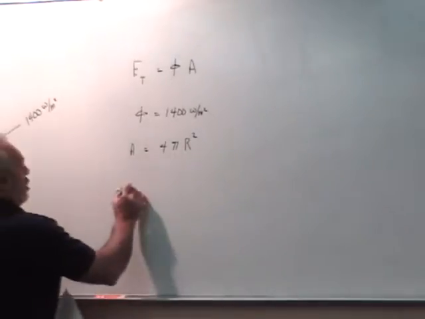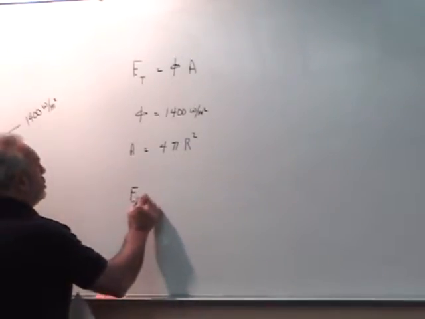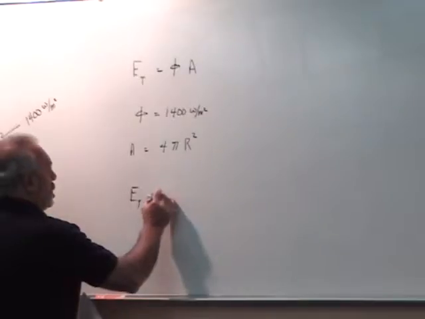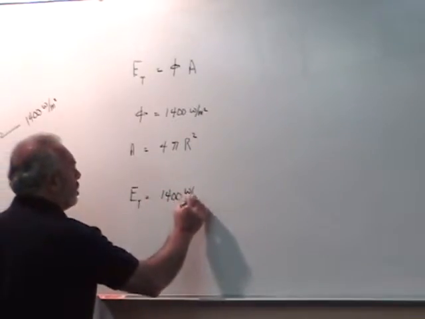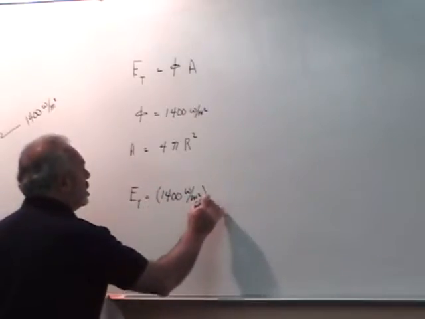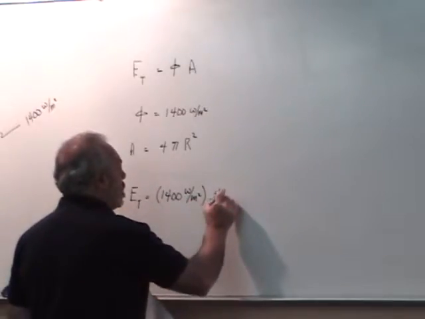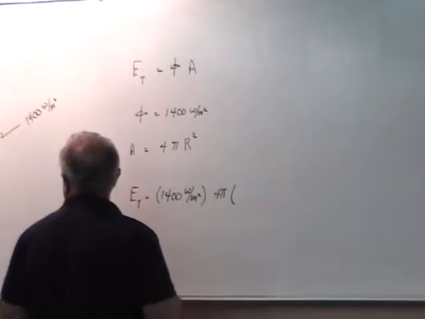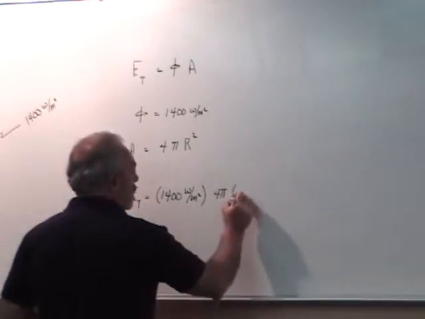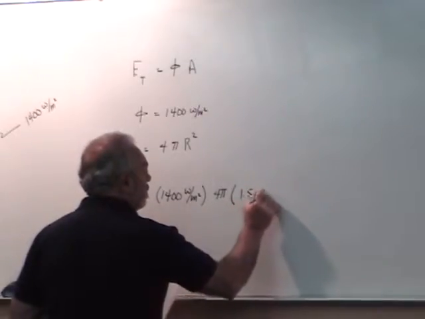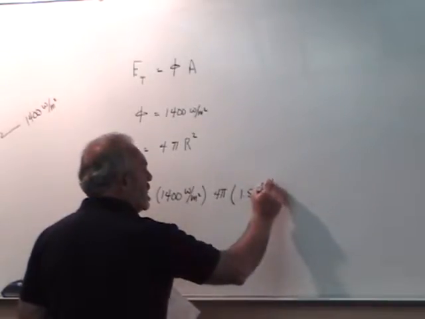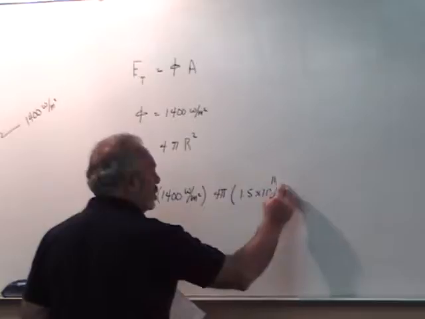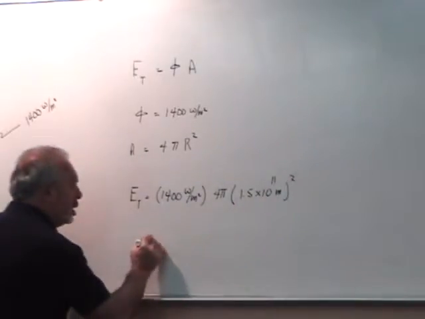So the total energy output, which is going to be 1,400 watts per meter squared, times 4 pi times the radius of 1.5 times 10 to the 11 meters squared.